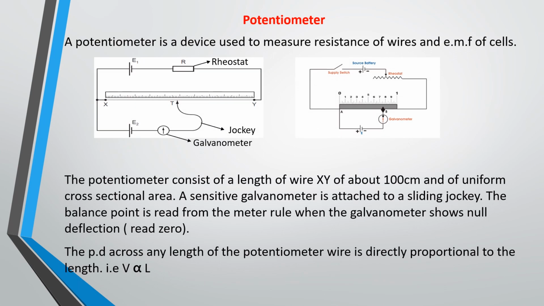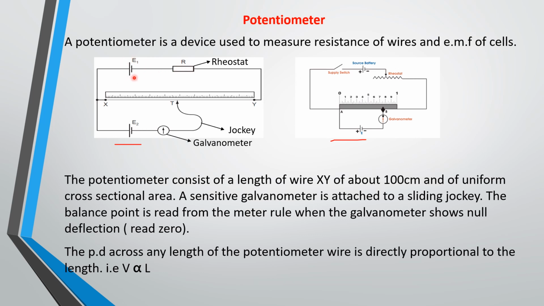Alright, so right on the screen is a diagram of a potentiometer. These two are also representing a potentiometer. In a potentiometer you see that it has a rheostat. This rheostat is used to adjust the current that enters through the cell.